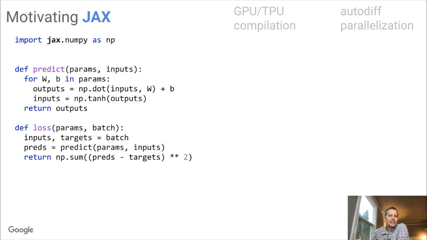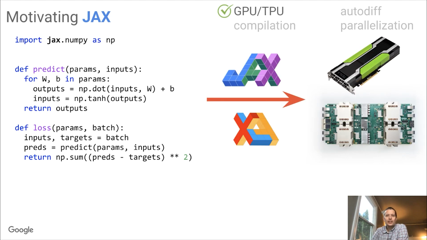And now if we run this, JAX can take this code and compile it down to what's called XLA, which is the Accelerated Linear Algebra library that underlies some of what TensorFlow does, and run it on chips like GPUs and TPUs. So just by importing jax.numpy rather than NumPy, we get this first step of being able to run on accelerated hardware. But there's more.